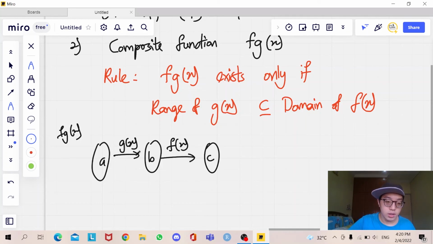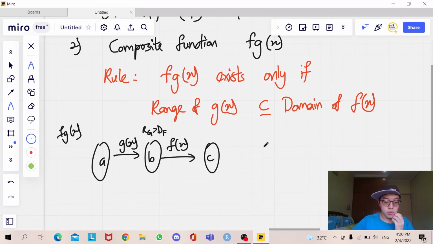So if the range of g(x) is larger than the domain of f here, then this composite function is not valid, right? Because the domain here cannot be smaller than the range there. So if the range of g(x) is smaller than the domain of f(x), only then will this composite function work.